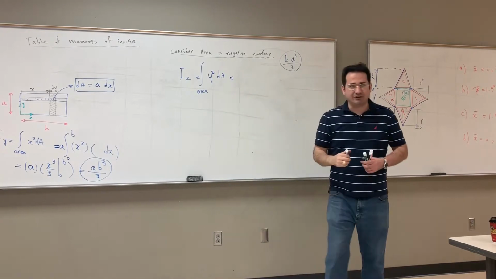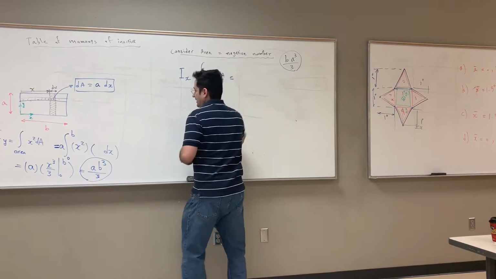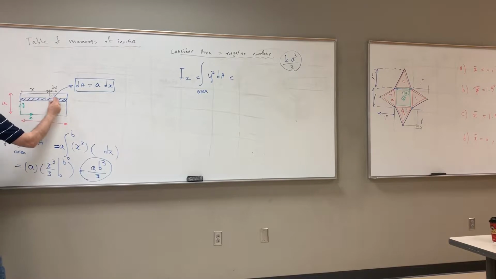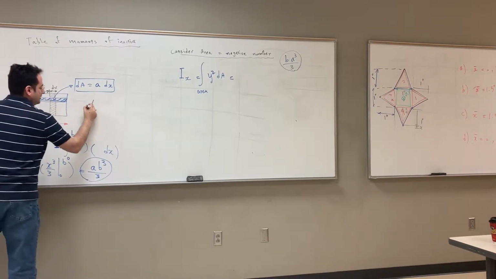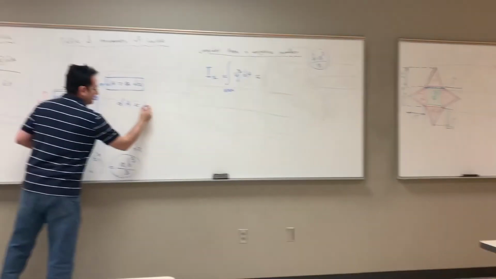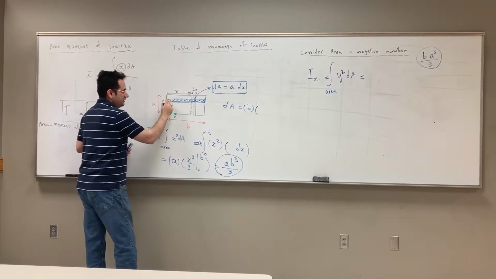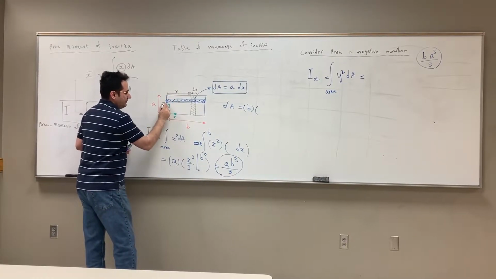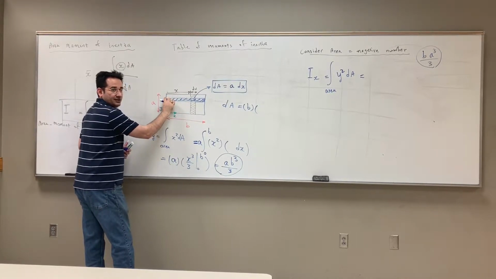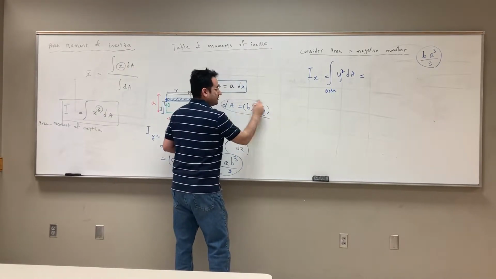Now let's do the actual integral and see if we can get this number. So for this element, dA is equal to this length, which is b, times this length from here to here. If this is y, this infinitesimal length is dy. So let's plug it in.